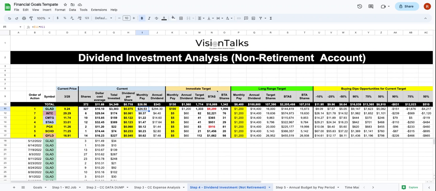But I already have 327. So what I need is 1,006 more shares. So the balance to achieve that is 1,006 shares. And then the total dollars to get there, based on my dollar cost average, is essentially $9,300. So you can see that calculation is doing that.